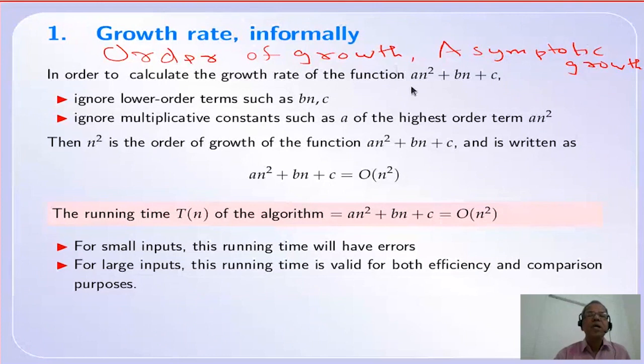All we said was, suppose the running time is a function such as an squared plus bn plus c. I said ignore the lower order terms. bn is a lower order term, c is a lower order term. And then in the highest order term, ignore the multiplicative constant or multiplicative coefficient. That leaves us with n squared. Then we say that an squared plus bn plus c is big O of n squared.